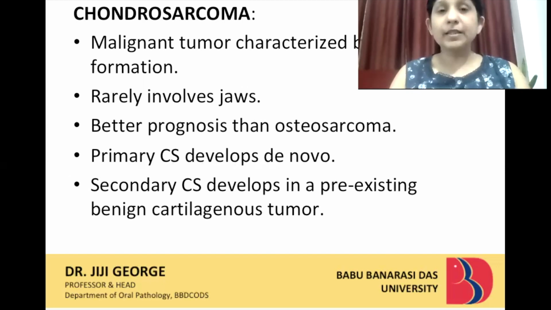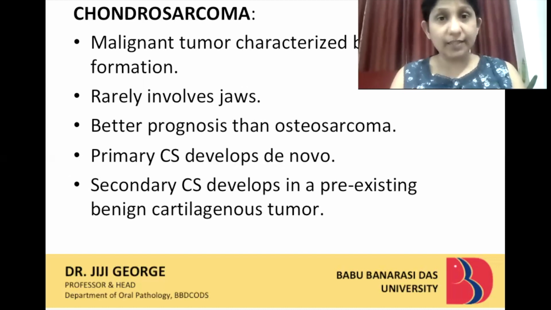The chondrosarcoma can be a primary lesion which develops de novo. De novo means it develops by itself. It's the first lesion that develops and does not develop from a different lesion. Secondary chondrosarcoma is one which has a pre-existing precursor, that is, it can develop from an already existing chondroma.